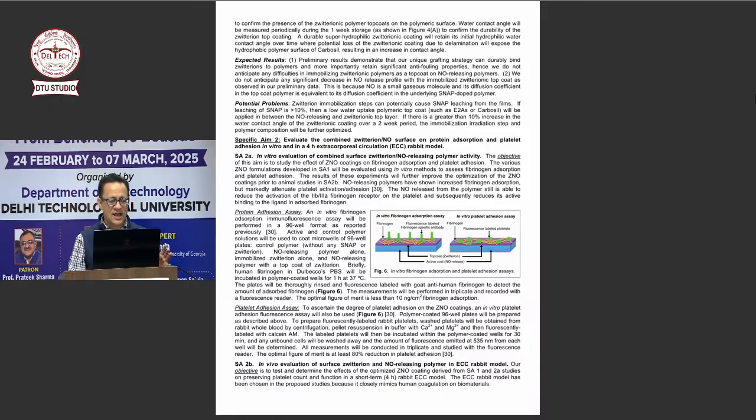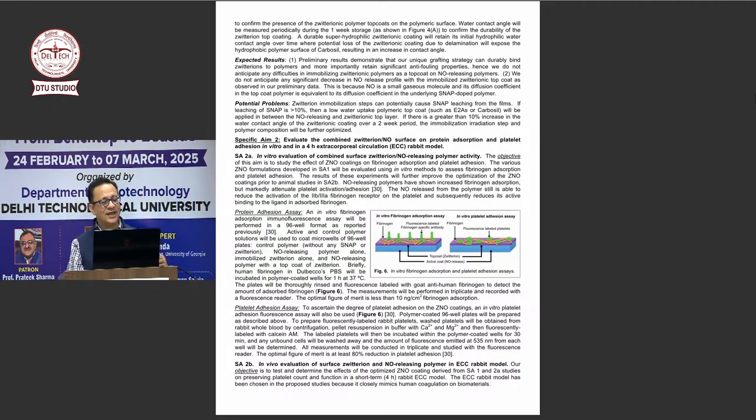Aim 2, I will do in vitro studies: how I will do the protein study, how I will do the platelet study. You are also defining what your control surfaces are, what you will compare it to.